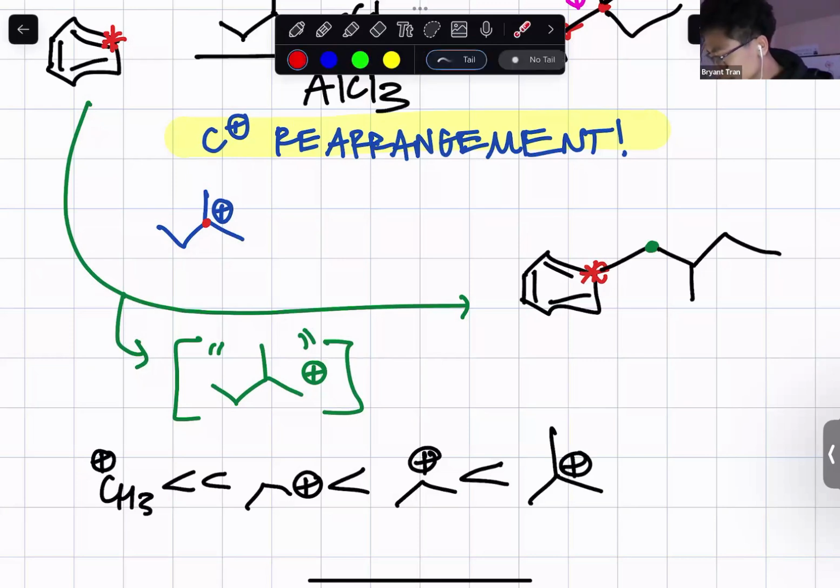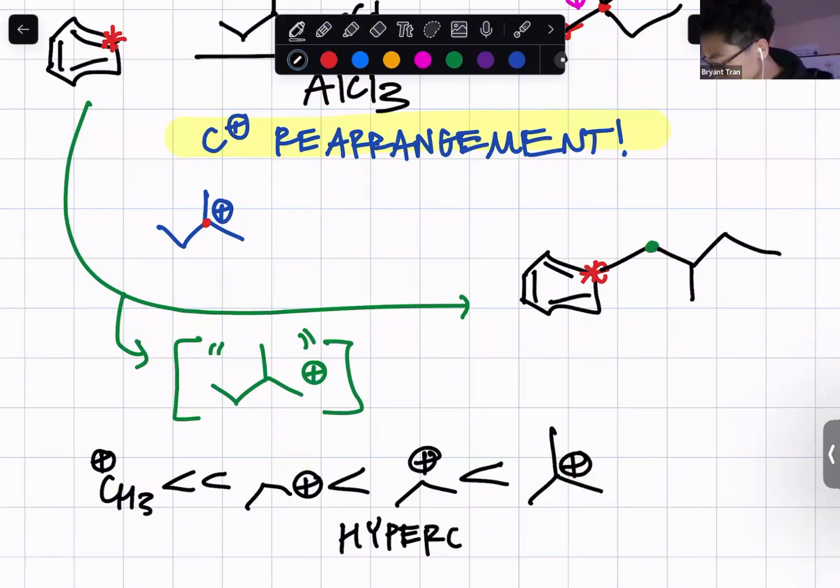There is something more stable than the tertiary carbocation, which is secondary allylic, which I don't think you guys went over yet, so I won't go over that. But notice how the more substituted the carbocation is, the more stable it's going to be, and that's due to hyperconjugation.